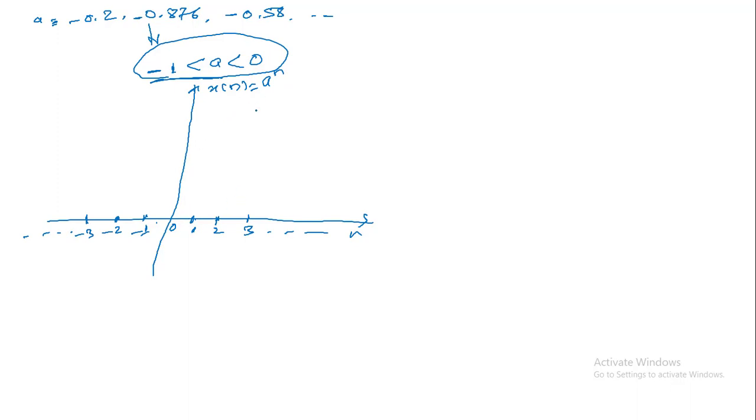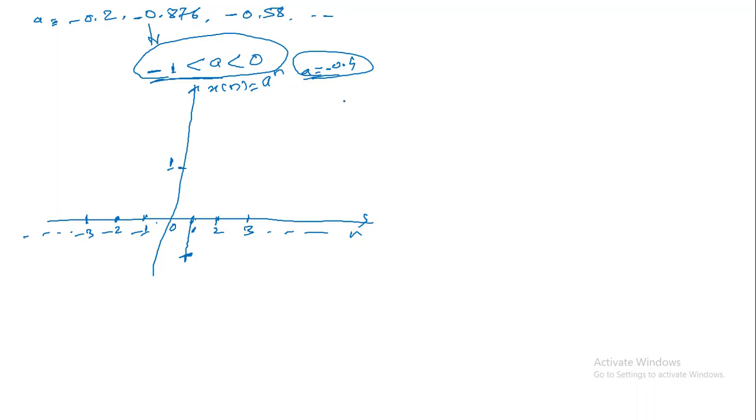So for n is equal to 0, again the value of the signal will be 1, irrespective of any value of a. Just for example, if I'm considering the value of a as minus 0.4, then minus 0.4 raised to power 0 will be 1. When I'm taking it as minus 0.4 raised to power 1, it will be minus 0.4, a negative value, but it is less than 1 basically.